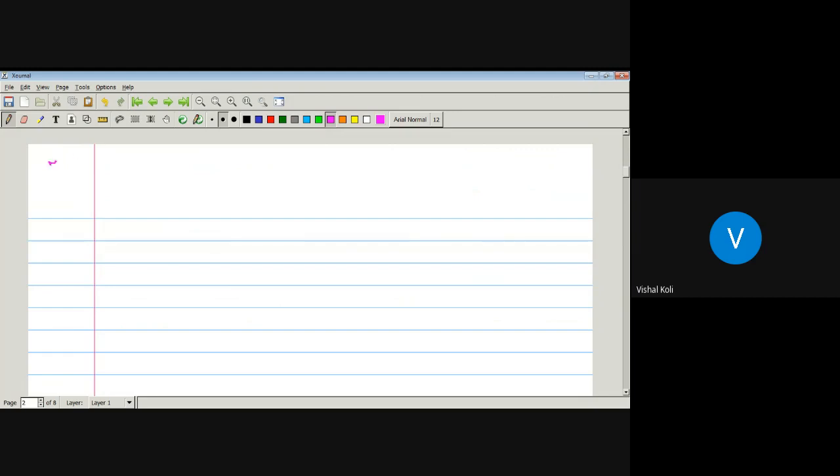Next, there is one example. If C is equal to ax plus by, and d is another integer which divides a, but d does not divide the integer c, which is a linear combination of a and b.